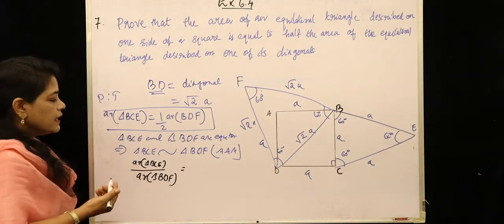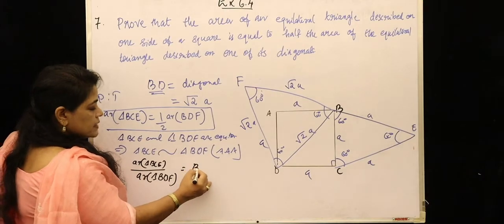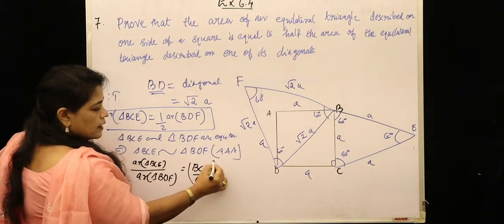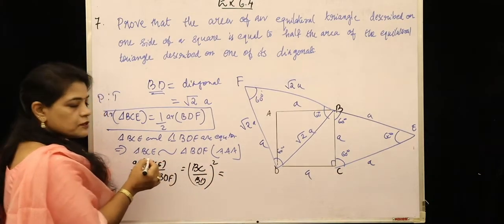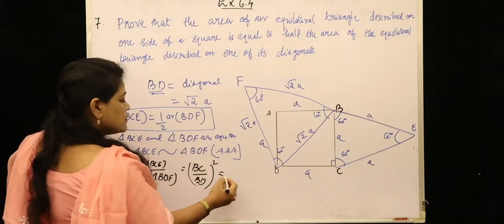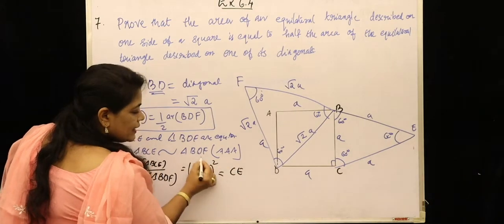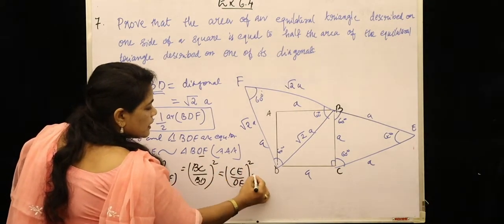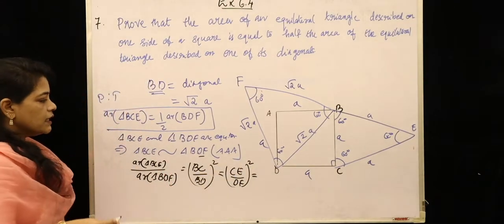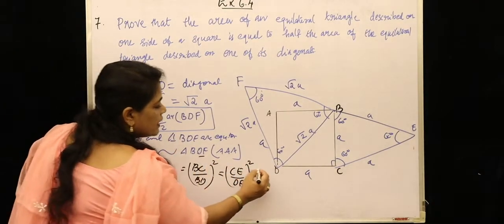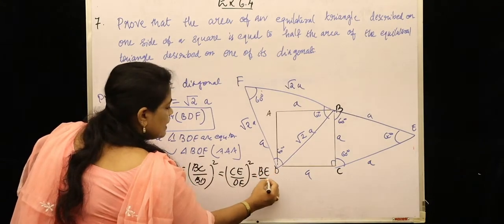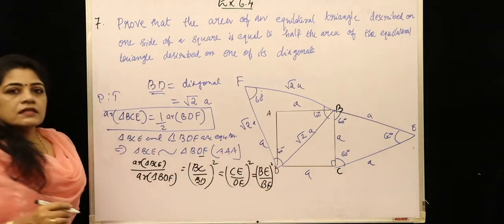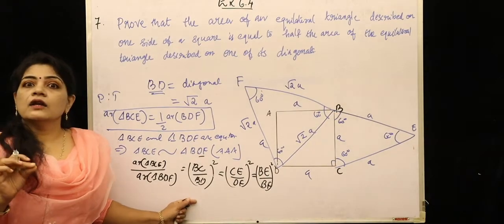Corresponding sides can be, see children, BC divided by BD whole square, equal to the ratio between the second corresponding sides, CE by DF, squared, equal to the third ratio, BE divided by BF, squared. This you got by the area ratio theorem.